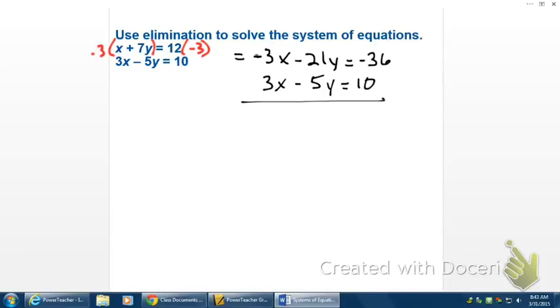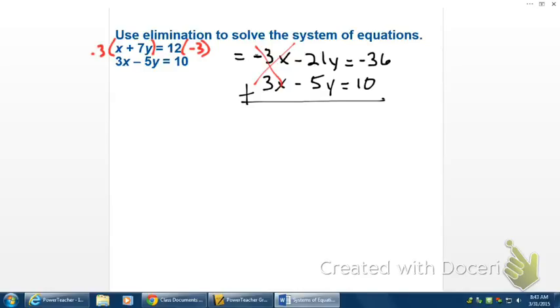Now remember, stack them up and add them up. Right off the bat, you should notice that your x's are going to cancel. Negative 3x, positive 3x, they're gone. You eliminated them.